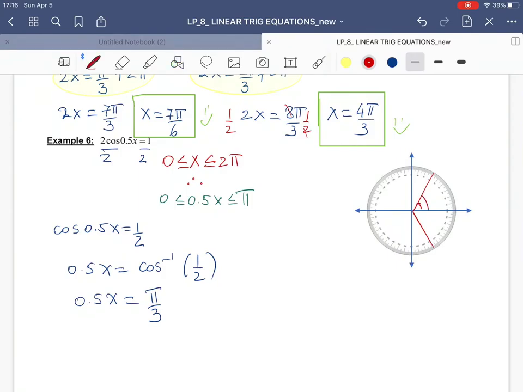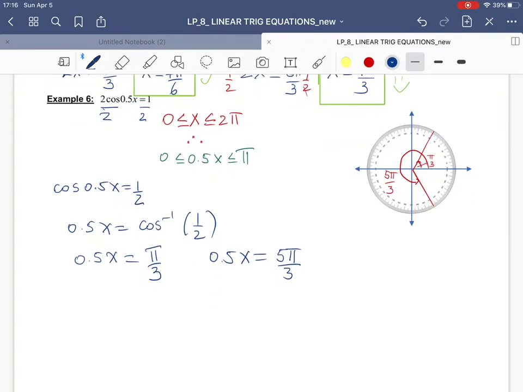So this would be angle pi over 3. And this is 1, 2, 3 pi over 3, 4 pi over 3, 5 pi over 3. So pi over 3 and 5 pi over 3. So back to our solution, we're going to say 0.5x equals, or can equal also 5 pi over 3.